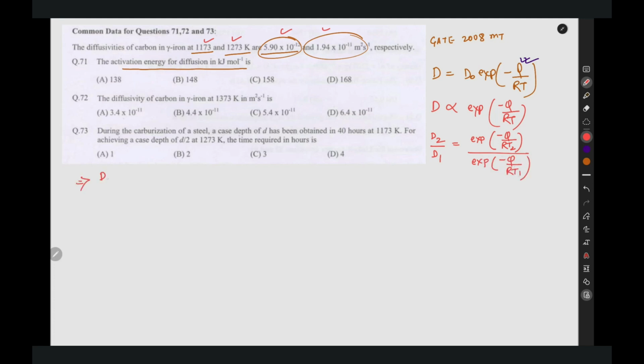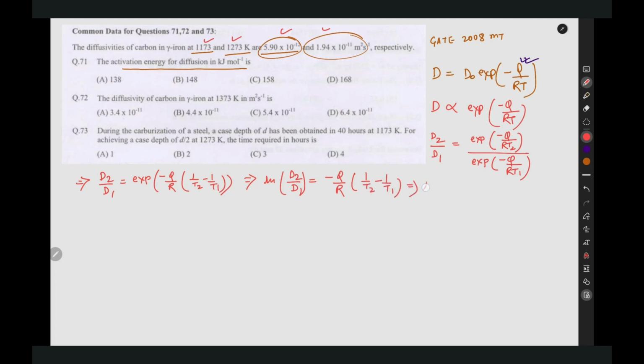Now D2 by D1 equals, combining the exponential terms, exponential minus Q by R into 1 by T2 minus 1 by T1. Now taking the natural log on both sides, we get ln D2 by D1 equals minus Q by R into 1 by T2 minus 1 by T1.